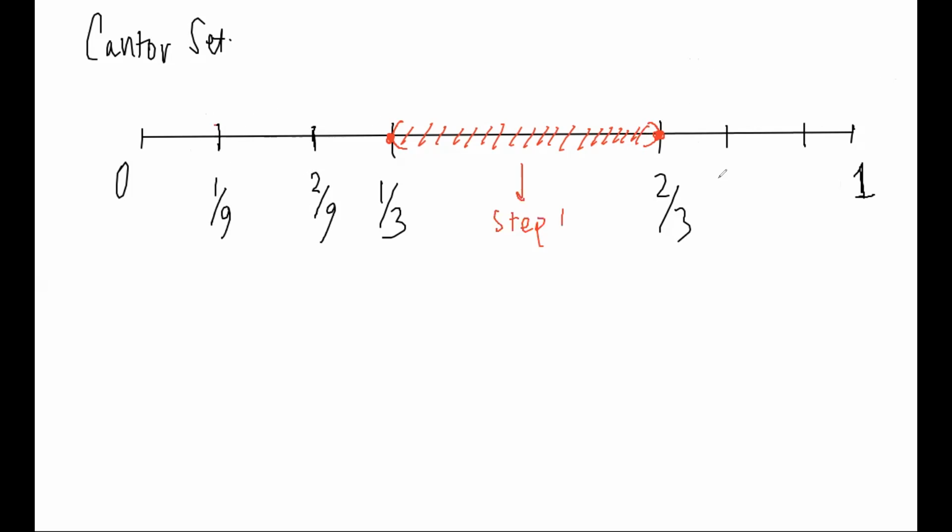This will be 7/9, 8/9. Okay. And then again, you remove the middle 1/3. The idea is you keep on doing the same thing, right? Remove the middle 1/3 of the remaining, but not including the endpoints.